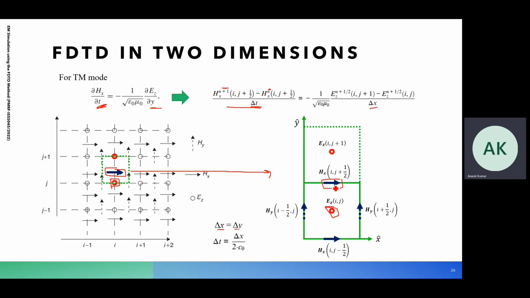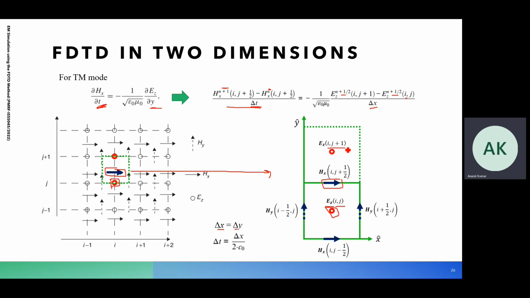So we want to update the magnetic field over here. We can use a central difference scheme and find out the finite difference approximation of the electric field at the n plus half time instant from the neighboring values e i, j plus 1 and e i j.